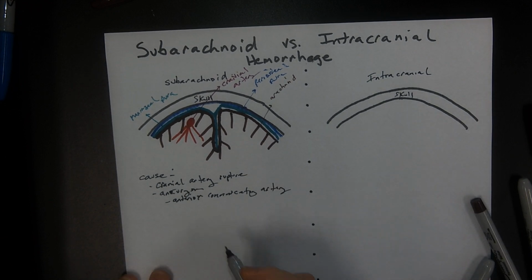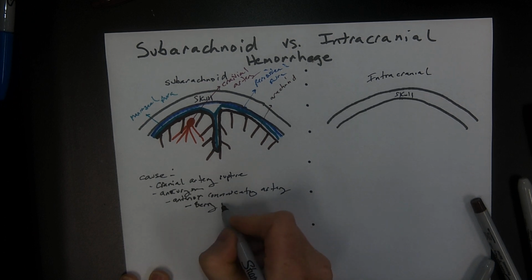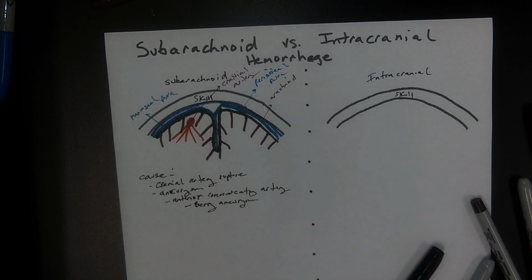Okay, and in this case, this aneurysm has a special name. It's called a berry, B-E-R-R-Y aneurysm. It's called a berry aneurysm because it looks like there's just a little berry sticking off like a blueberry, but it's red. Raspberry? I don't know. Sticking off the end of the anterior communicating artery.